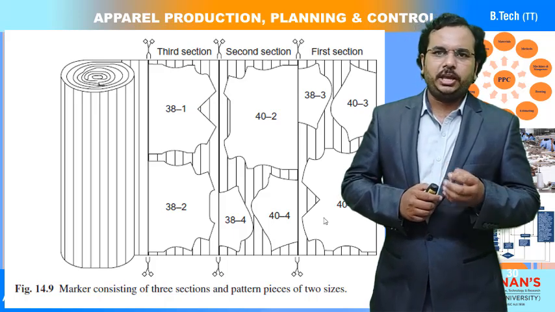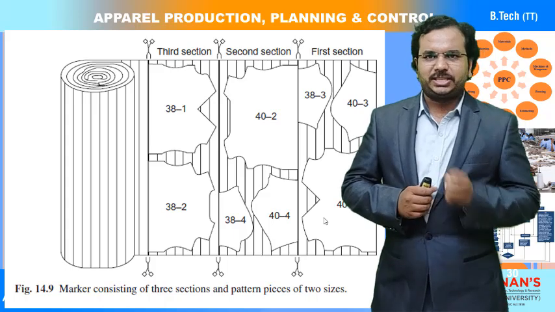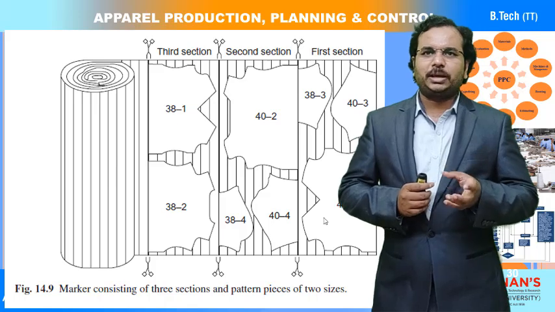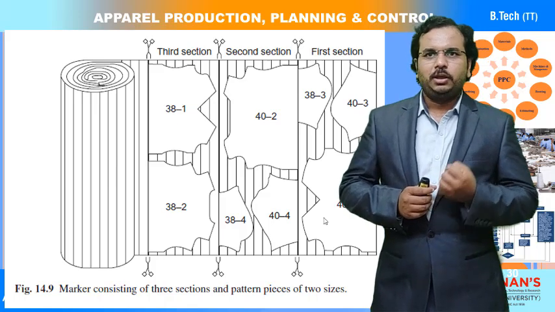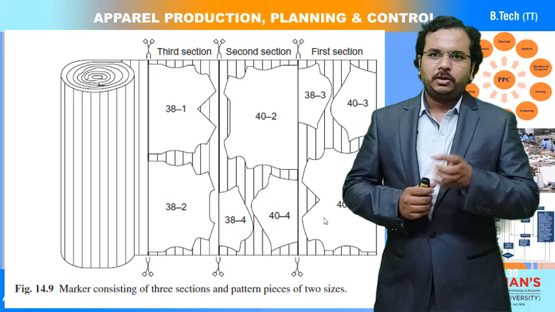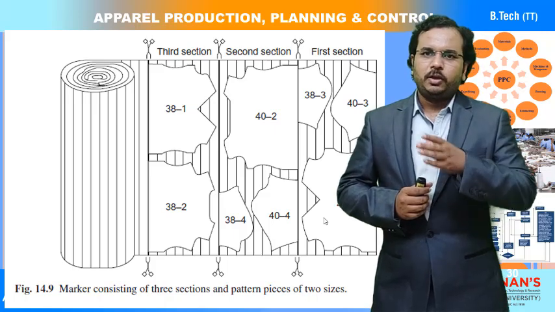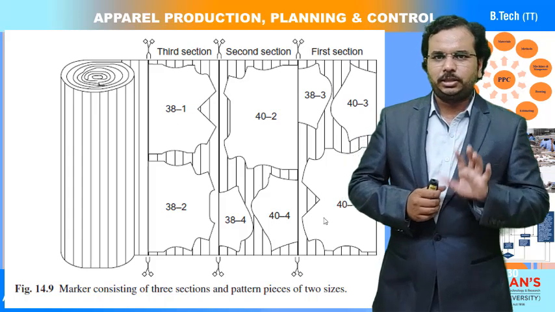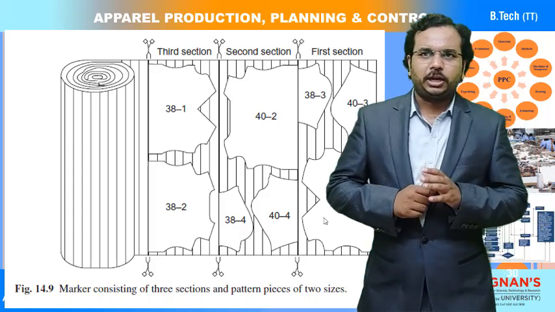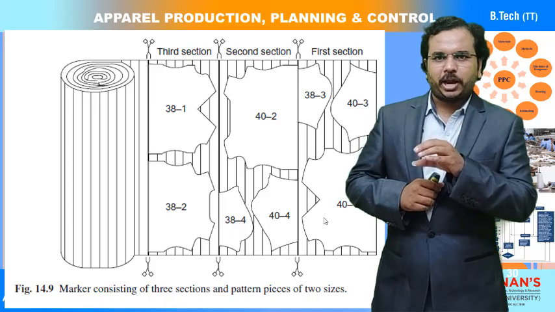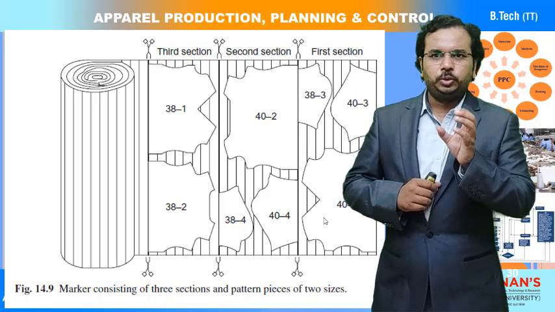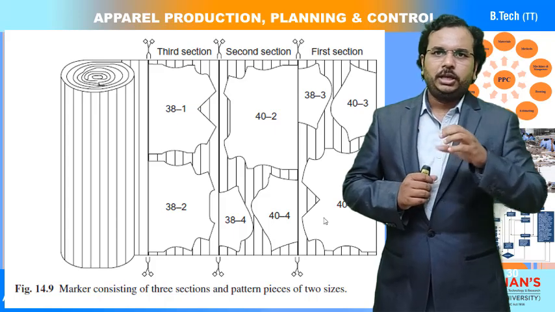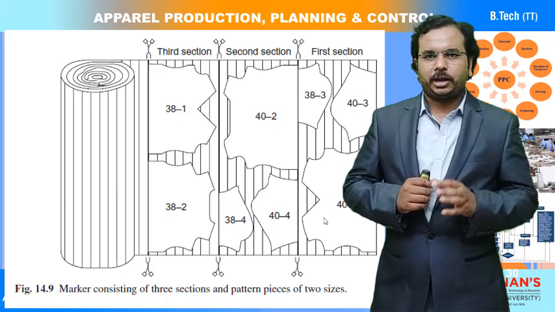And you can see here the marker consisting of 3 sections and pattern pieces of 2 sizes. For example, if you have 2 sizes of patterns, like size 40 and size 38, these 2 sizes are there in the particular image. You can observe panels 1, 2, 3, 4 for size 40, and panels 1, 2, 3, 4 for size 38.